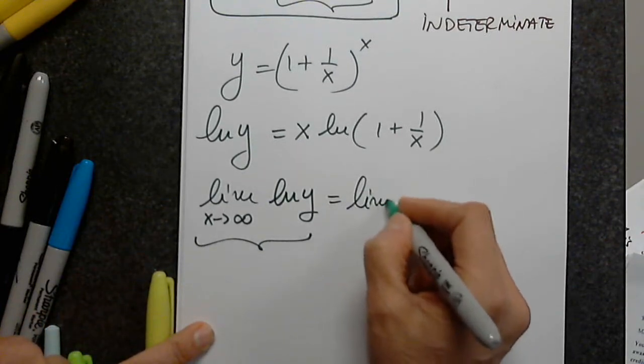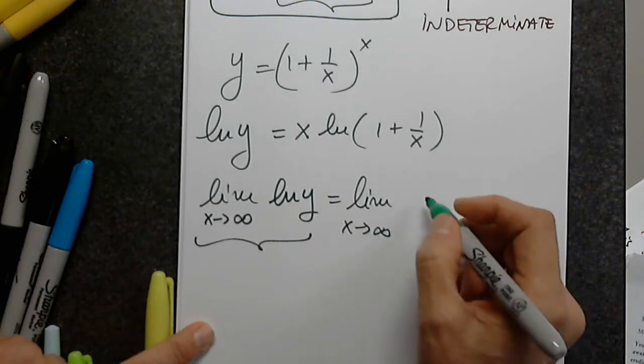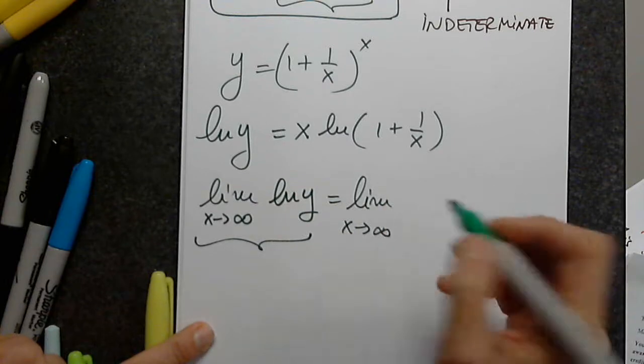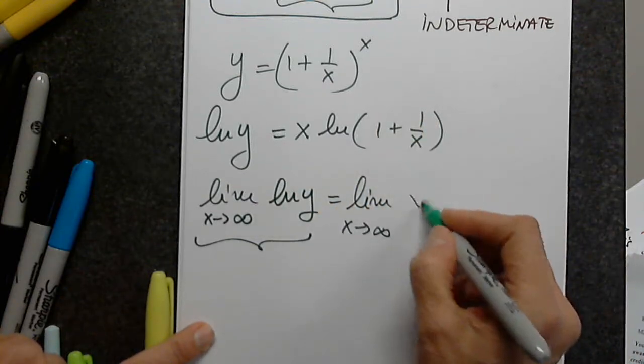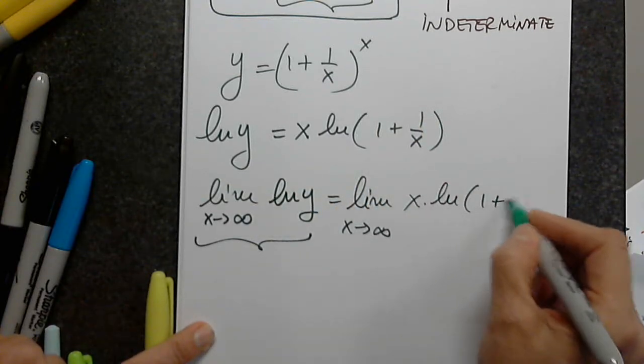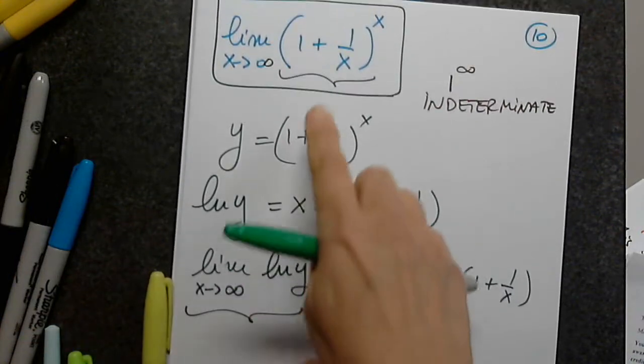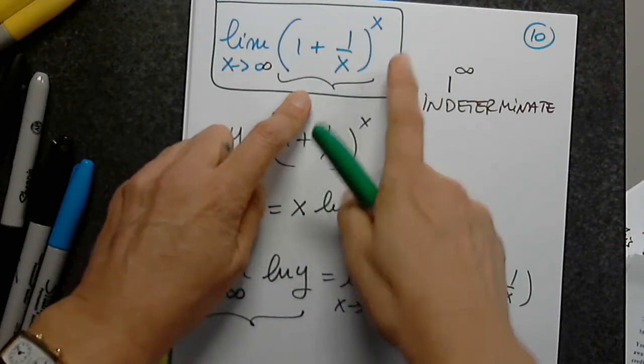So the left-hand side is limit as x approaches infinity of, and I hope you allow me, we can keep it as is, natural log of 1 plus 1 over x. So I'm going into a roundabout way.